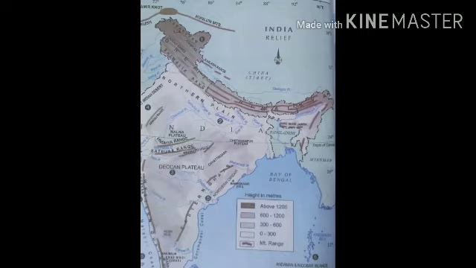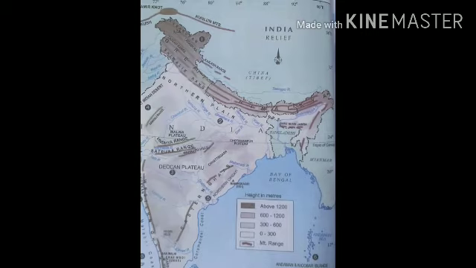In our last class, we have studied the formation of Himalaya and the northern plains, how Himalaya was formed and how then northern plain is formed.